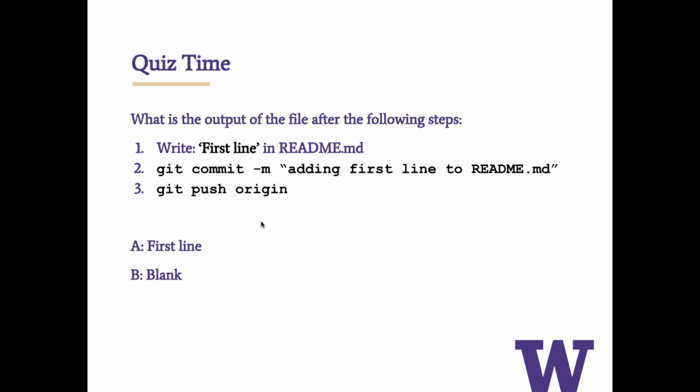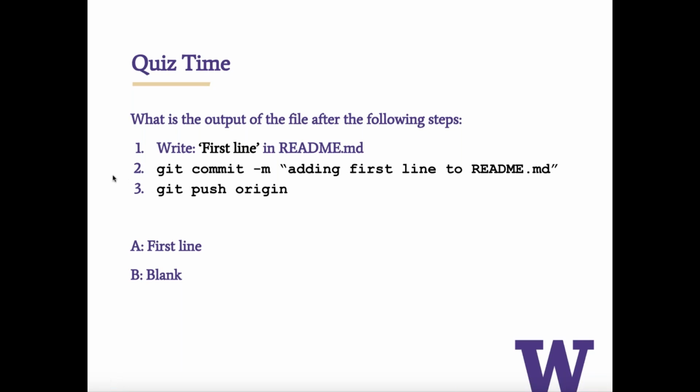Okay, so let's discuss. The correct answer is blank, and the reason is that we wrote first line, and then we committed the state of the folder, but we forgot the git add. We actually forgot the git add command, which means that this change, although it's changed in the document, Git didn't know we should add this change.